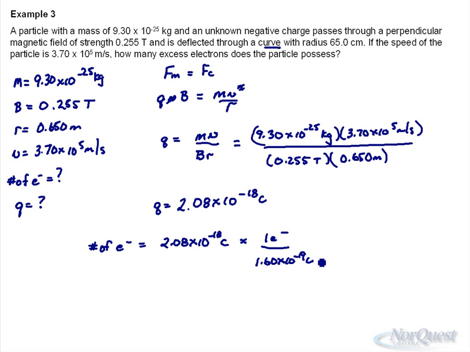Or what some students just realize is to change from coulombs to electrons, you divide by 1.60 times 10 to the negative 19. You want to go the other way, you multiply by 1.60 times 10 to the negative 19. Notice my coulomb units divide out, and I should be left with a number that should be very close to a whole number.